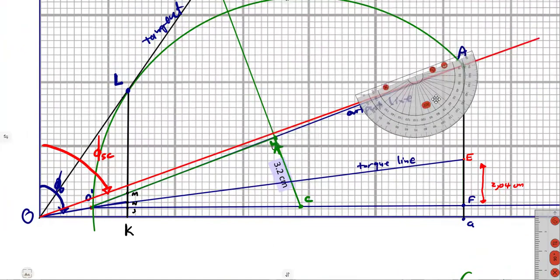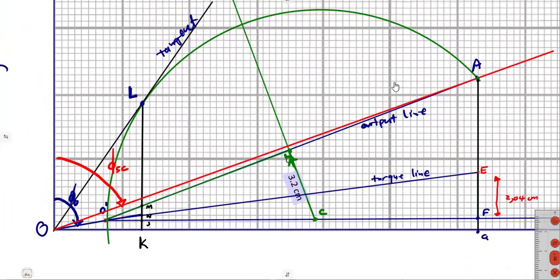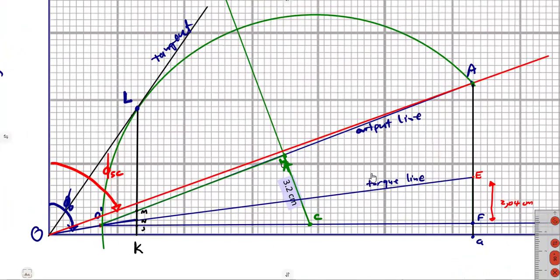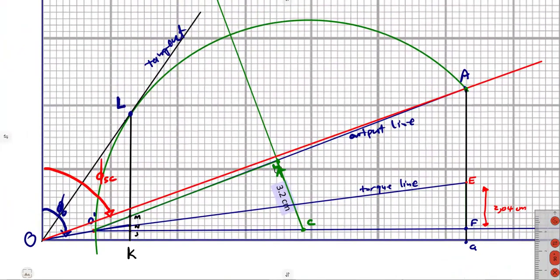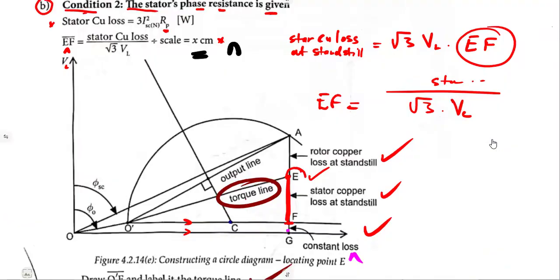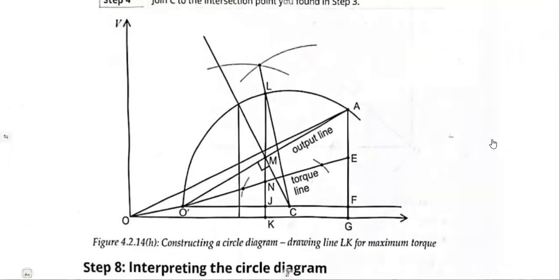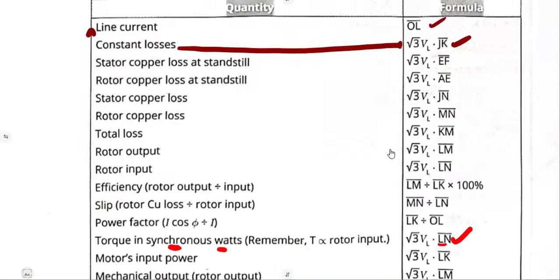This is the circle diagram complete. So we can attempt our questions after this. All you need is to measure what is being asked, the corresponding part, and the formulas. Remember all these formulas. I gave you this part on interpreting our circle diagram.